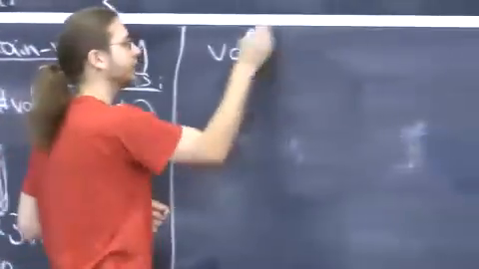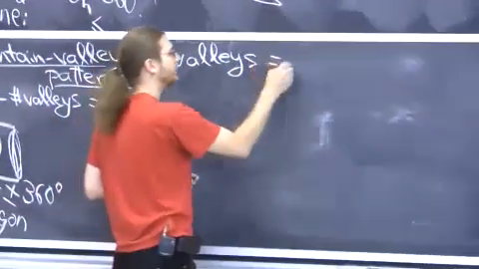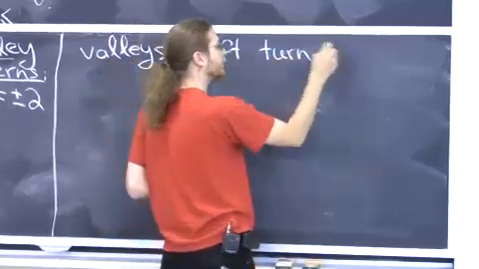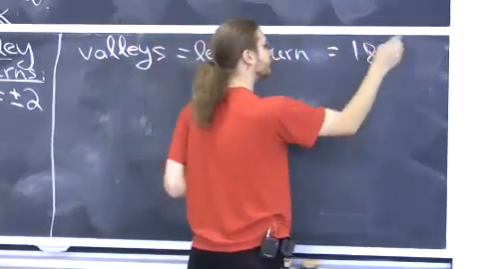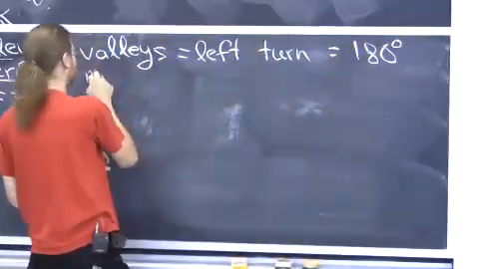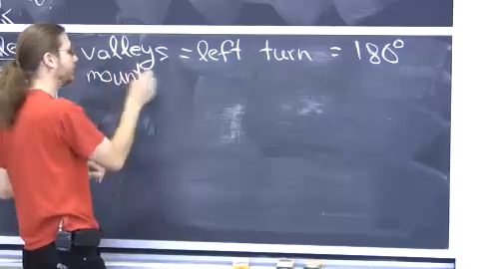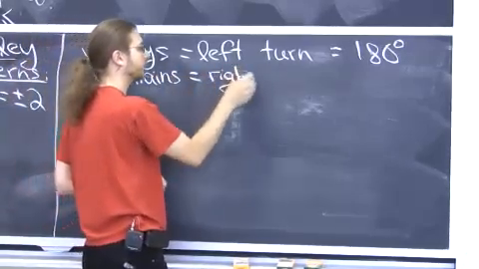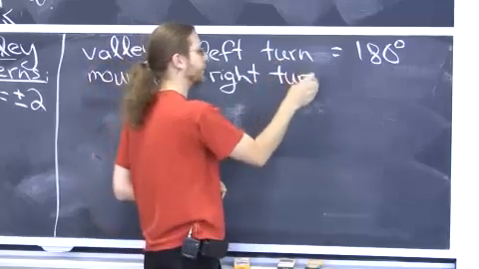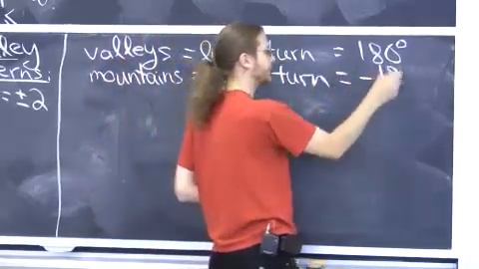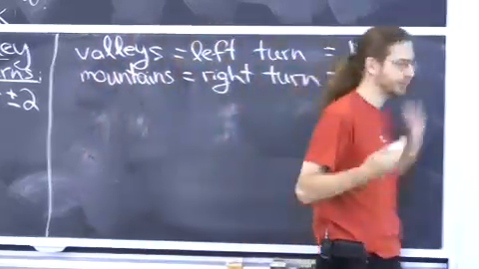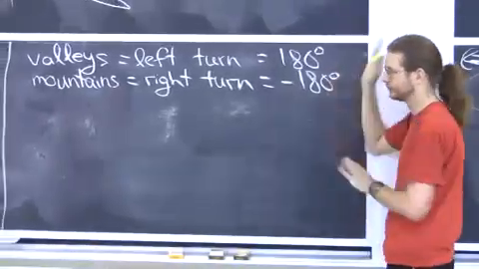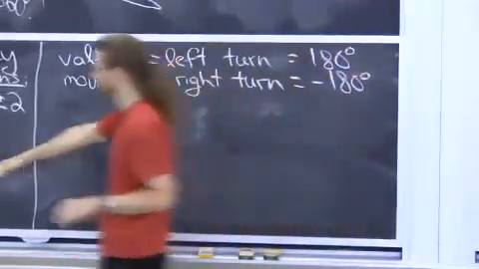So valleys are left turns, and mountains are right turns, which I'm going to think of as negative 180. Technically it could be the other way around, but I already have a plus and minus here, so it's symmetric.